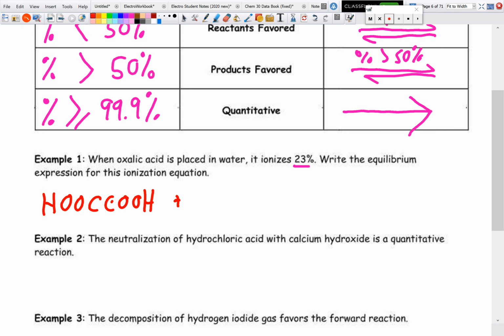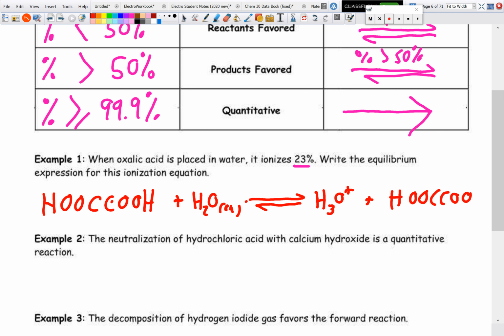I'm going to use the modified Arrhenius theory. So if you remember, that's where they react with water to produce our hydronium and our anion, because we get that hydrogen leaving one or the other. Now from the question, it states that this ionizes at 23%. So we just write 23% above the arrow and boom, we have our reaction.